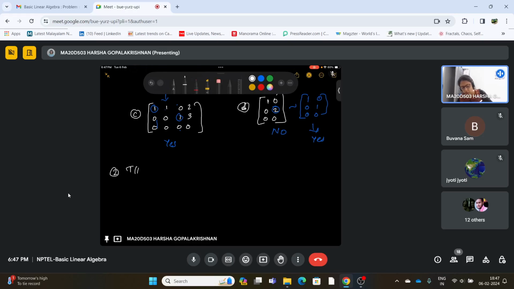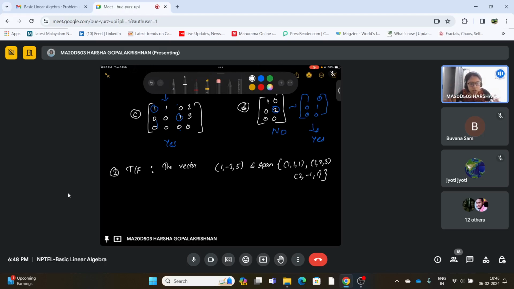The second question is true or false. The question is: we are given a vector 1, minus 2, 5, an element of R3.